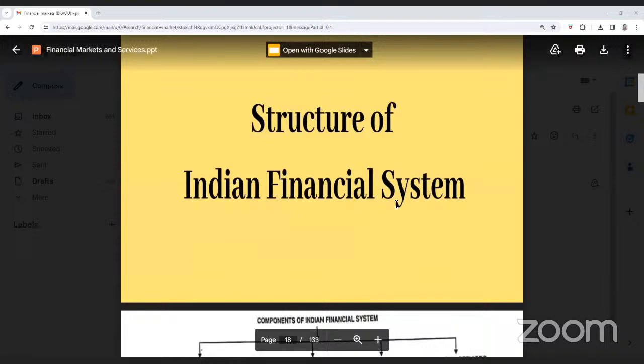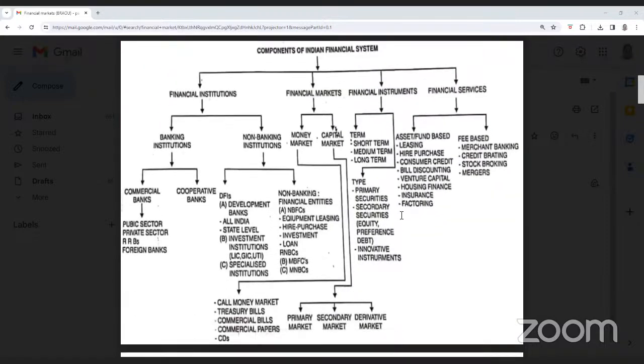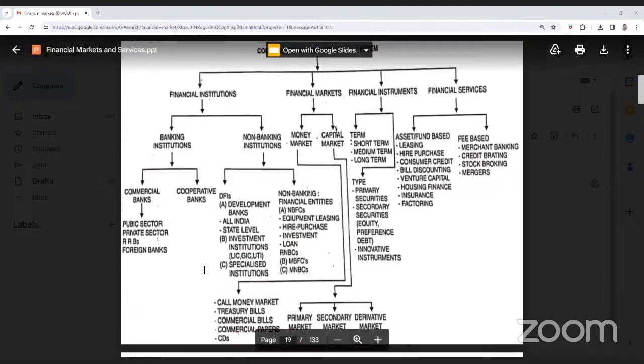Now, structure of the Indian financial system. See, this is the financial system structure. See, what are the financial institutions?